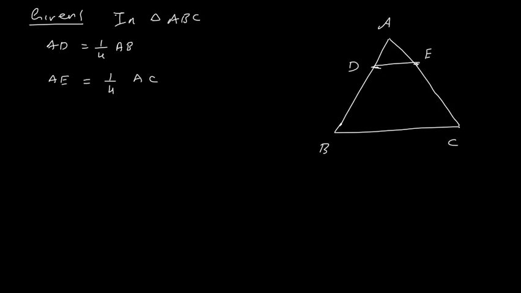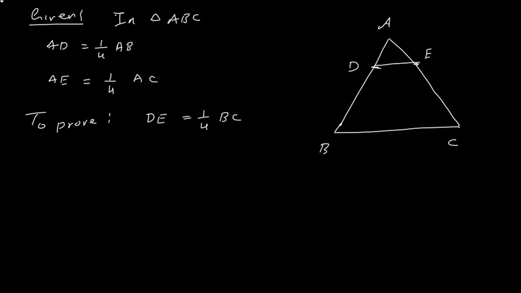Now we have to prove that DE is 1 by 4 BC. Now let us start the proof, or before that let me do one construction.